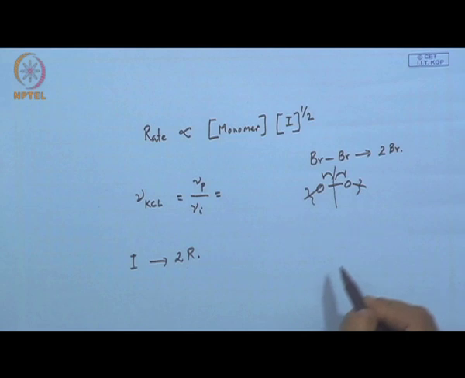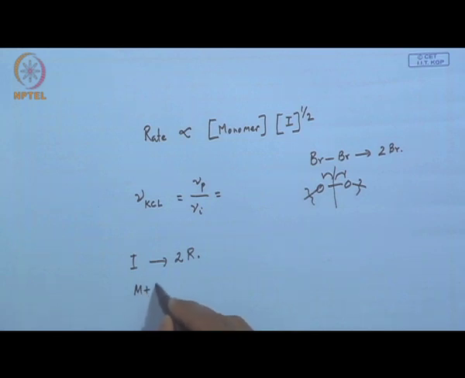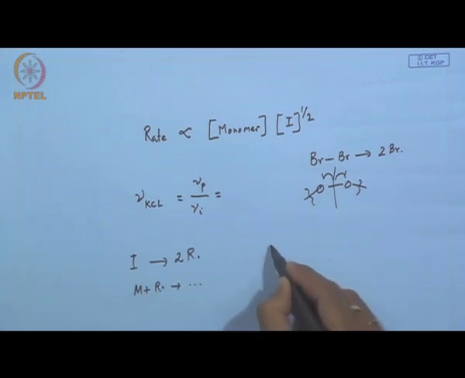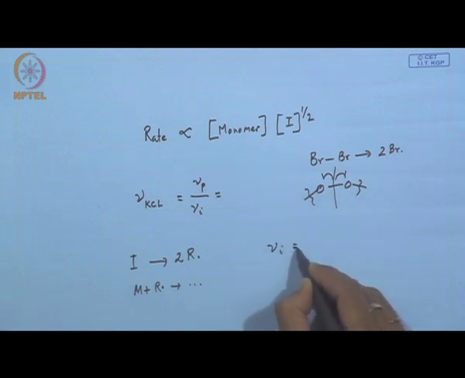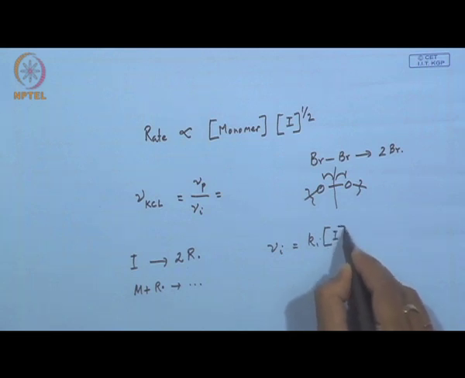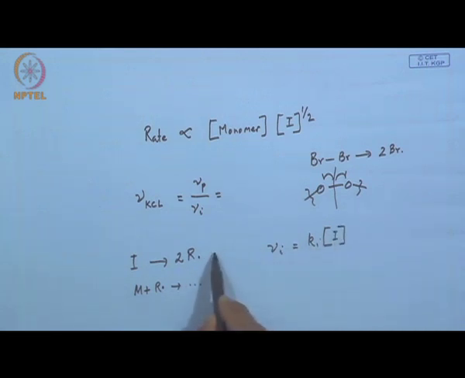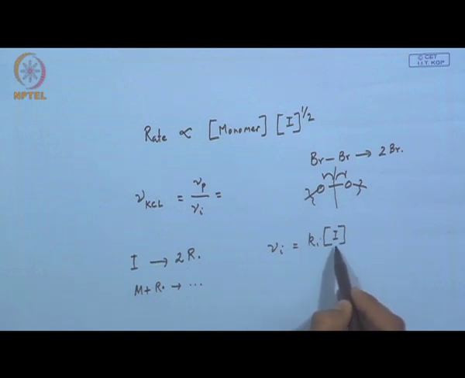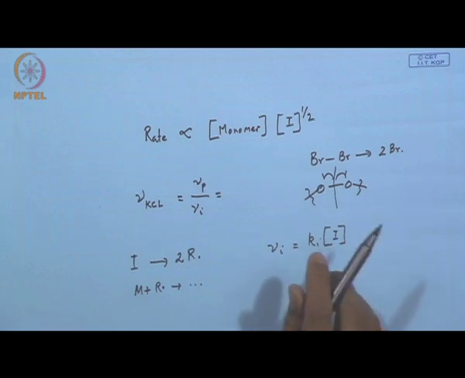That is why 2 R dot, or it may be M plus R dot producing another radical. So, the initiation rate is equal to K I times the concentration of I. Remember, this is your elementary step, not the overall rate; it is the rate for the elementary step.